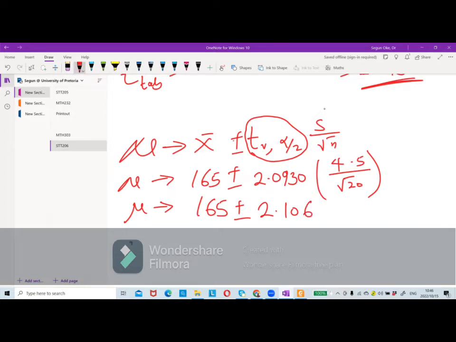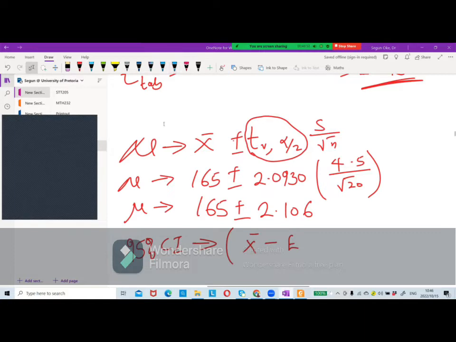So for 95% confidence interval, it simply means our X bar minus EBM or X bar plus EBM.